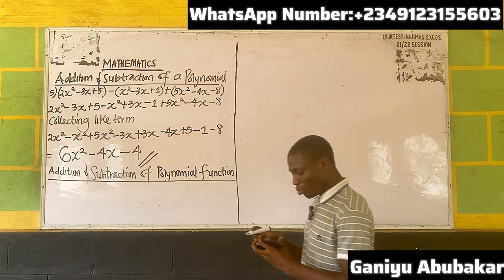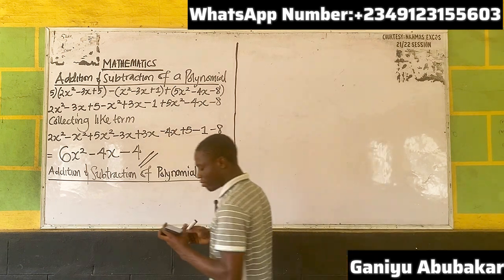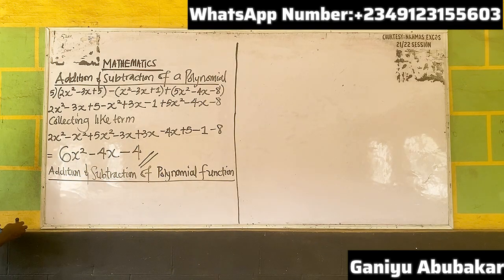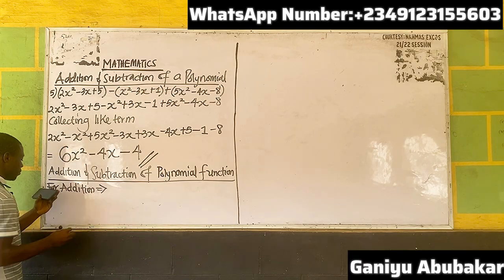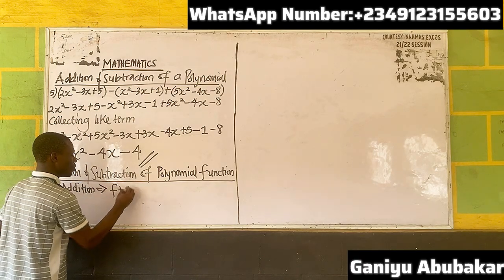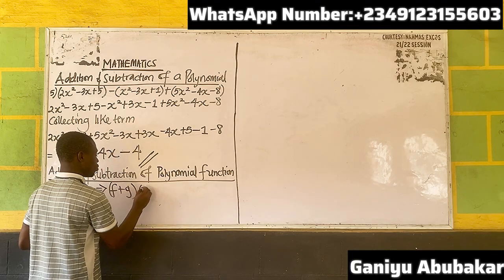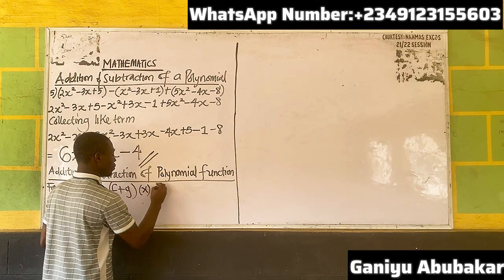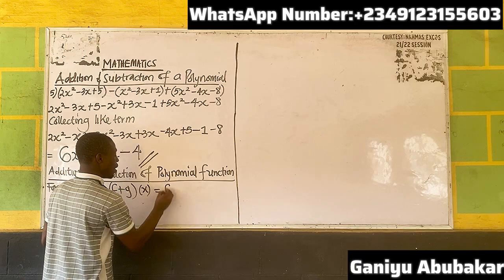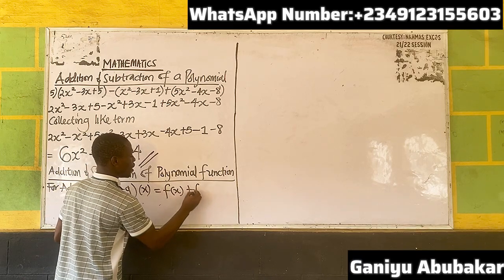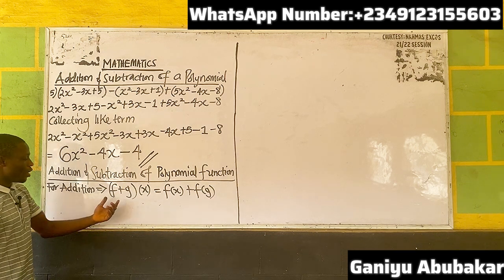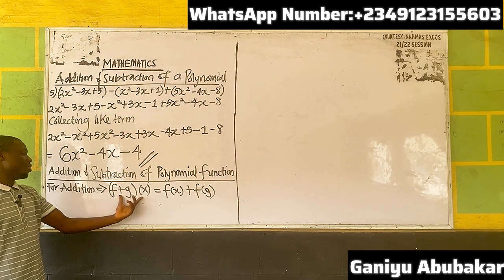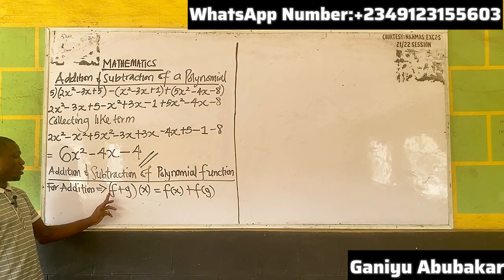The idea there is simple. Let's consider case 1, addition. Let's say I have (f plus g)(x). This is equal to f(x) plus g(x). If I have a function in this way, they are adding up this way, f plus g.